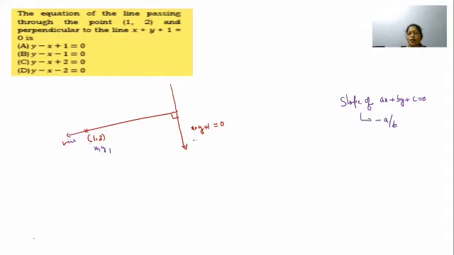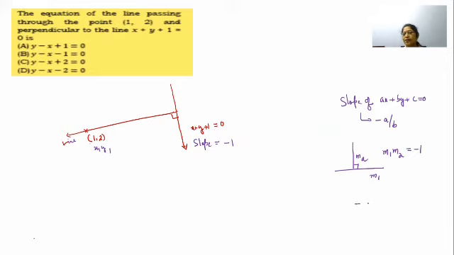So find out what the slope of this is. A is 1, b is also 1. So it is minus 1 by 1, which is minus 1. And you know, if two lines are perpendicular, the product of their slopes should be equal to minus 1. If two lines are perpendicular, m1 into m2 is equal to minus 1.